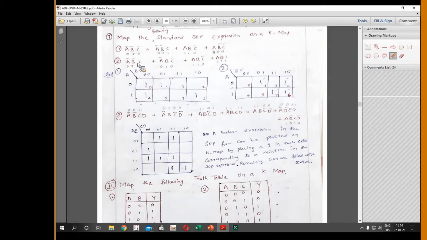In the second example, I have taken 001, so m1 is 1, and 010, which is 2, so m2 is 1, so we placed a 1 on this K-map. Next, ABC is 111, all the variables are 1, and hence we placed a 1 there in the minterm.